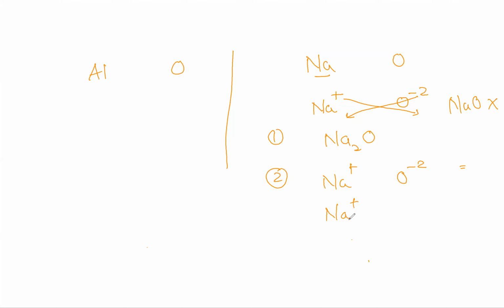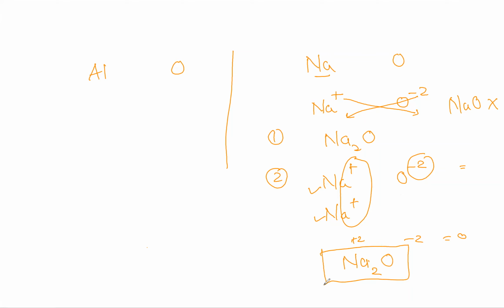One more Na+, so that the total positive charge, which is going to be 2 here, will be equal to the total negative charge. You see? All right. And in order to do that, you need 2 of Na and just 1 of the oxygen. So this is how we can come up with it.